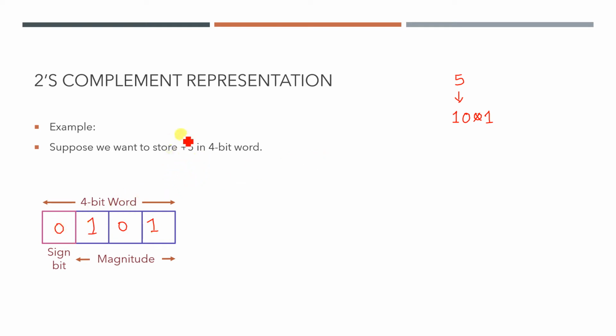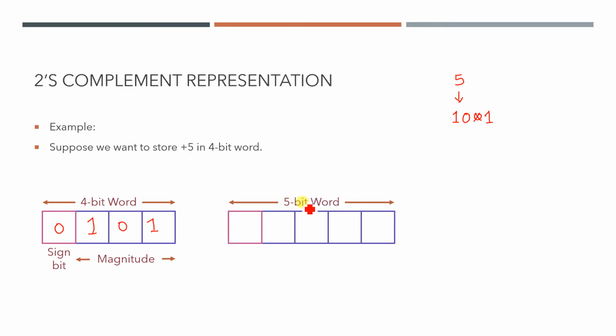Similarly, if you want to represent positive 5 in a 5-bit word, where the first bit represents the sign bit and the remaining bits represent the magnitude, then you convert 5 into its binary equivalent, which is 101. You write 101 over here, and as it is a positive number, you put 0 here, and this box is blank, so you put 0 here to fill the box. So the answer is 00101 for a 5-bit word.